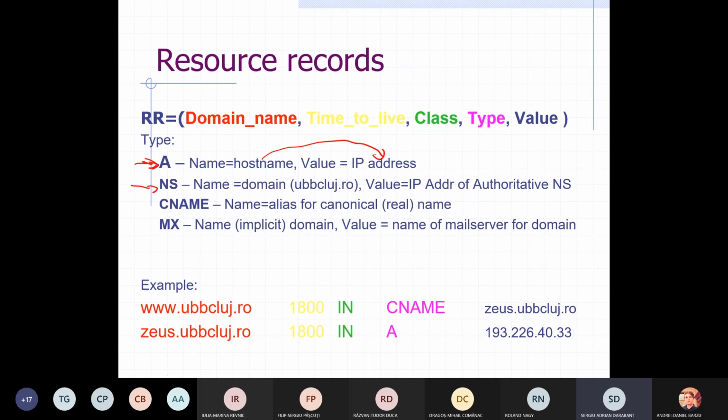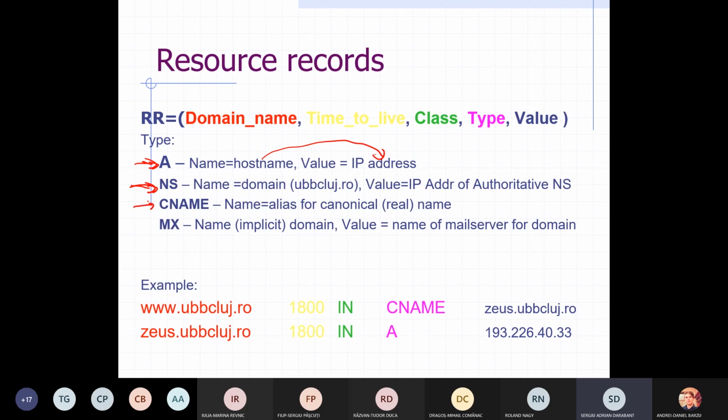These are the ones that tell, for a domain name, which is the name server, the IP or the name of the name server that is actually managing DNS information about that domain. So an NS record will tell you the DNS server for that domain.